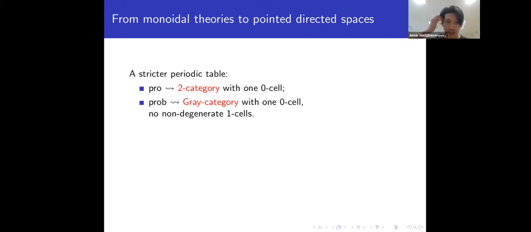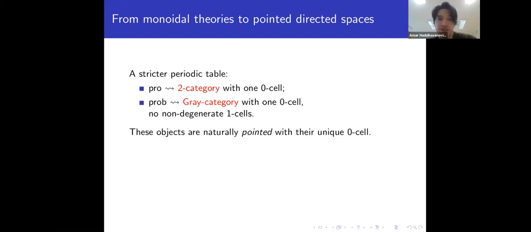But a PROP has to be identified with a Gray category with a single zero cell and no non-degenerate one cells. A Gray category is this semi-strict notion of a three-dimensional category that has all the axioms hold strictly except for the interchange axiom.